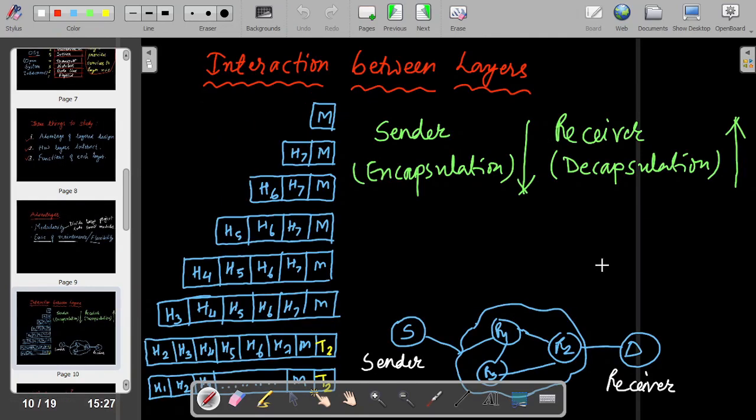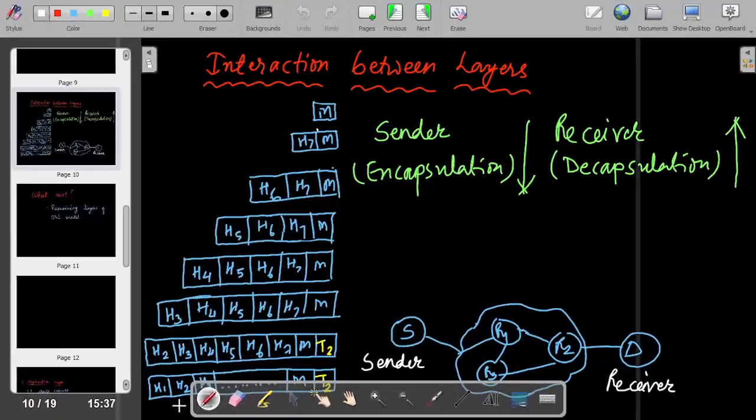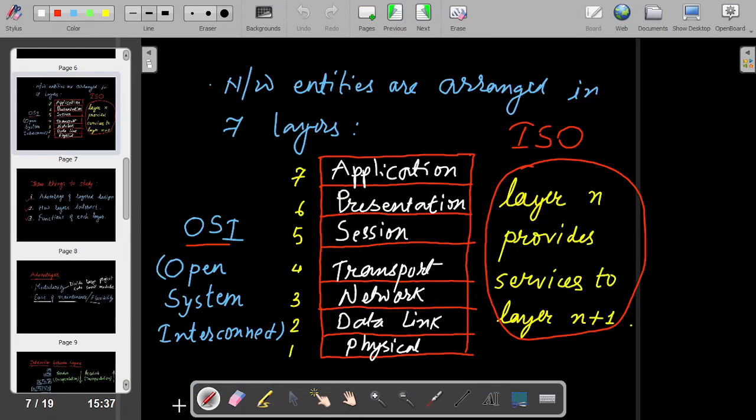Now, how do the layers interact? To explain the interaction between layers, let me show this OSI model. As you can see, there are 7 layers, but applications themselves, that is application software, sit above the application layer.